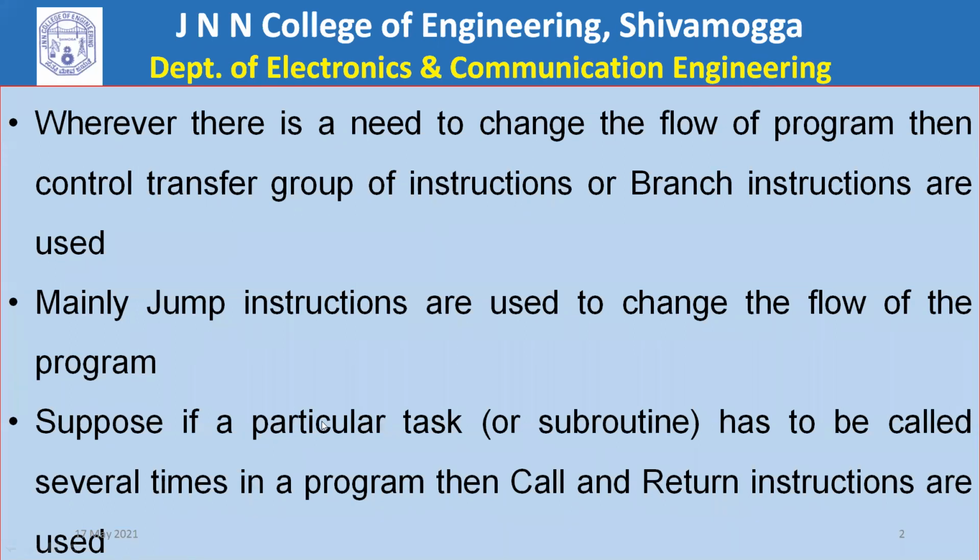Mainly, jump instructions are used to change the flow of the program. Suppose a particular task has to be called several times in a program, then call and return instructions are used. Normally, a service-specific or function-specific task would be programmed independently as a subroutine, so that the subroutine can be called frequently whenever it is needed.